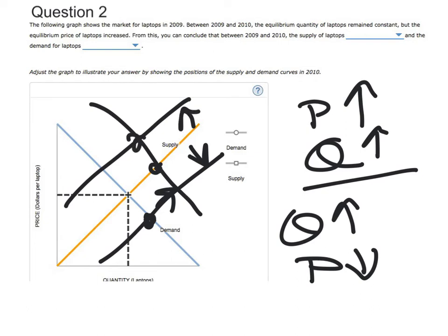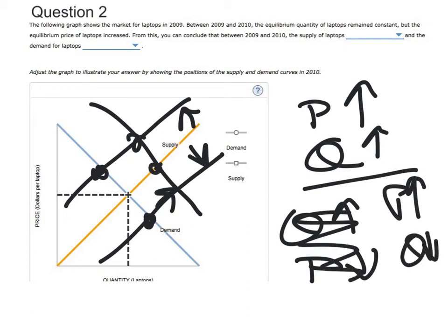So if supply drops back, barring anything else, at this point over here, we get a price increase and we get a quantity decrease. So if these two things happen at the same time, we get a price increase for sure, because both of them have that effect.